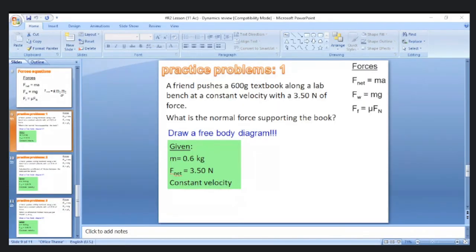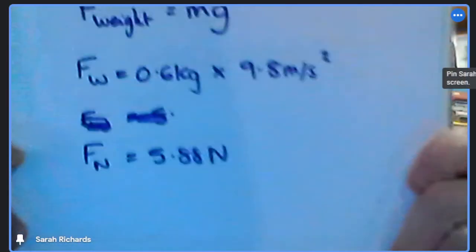So the force of our weight is going to be equal to the force of our normal force, which is going to be equal to 5.88 newtons. There we go.